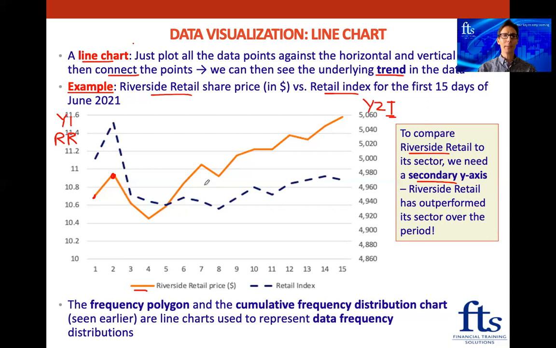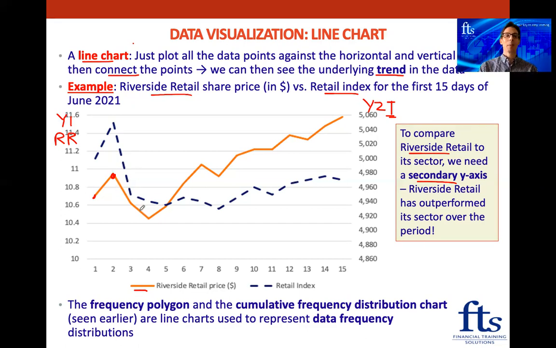What we can see is that from the 1st to the 2nd, the Riverside Retail share price went up, but so did the index, so most companies went up. Then from the 2nd to the 3rd of June, the index took quite a dip, and so did the share price. In other words, this drop in the Riverside Retail share price is sector specific. Most, if not all, of the shares in the index went down from the 2nd to the 3rd of June.